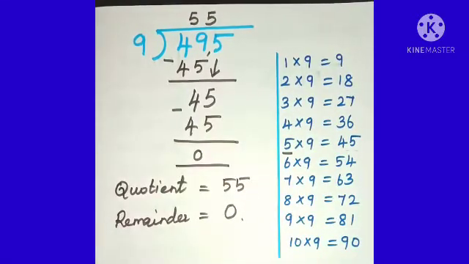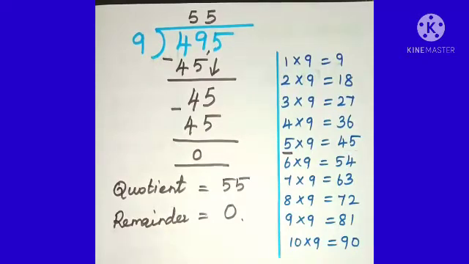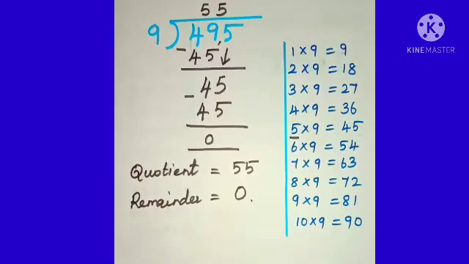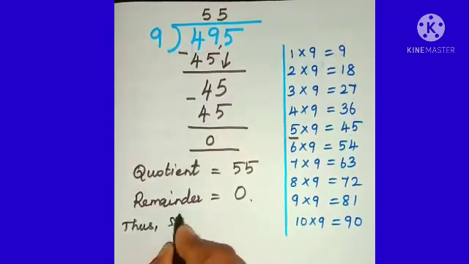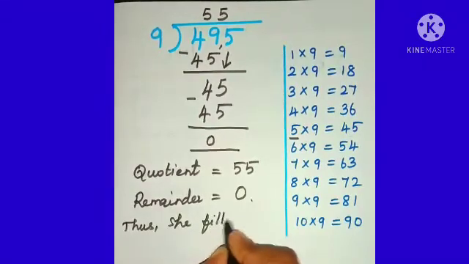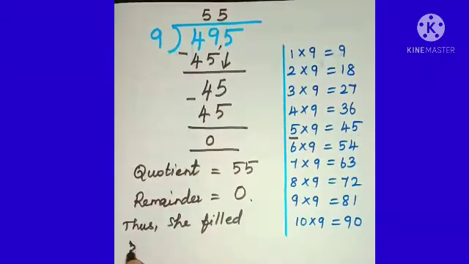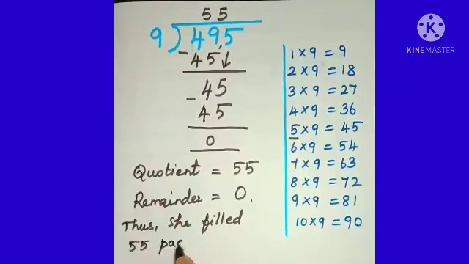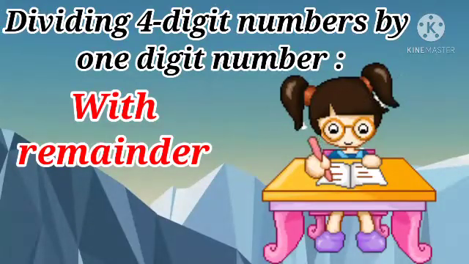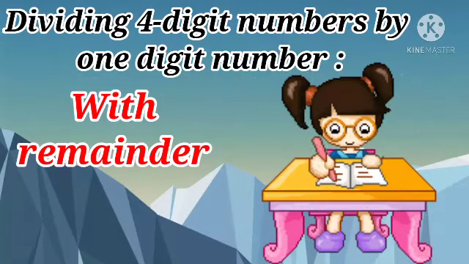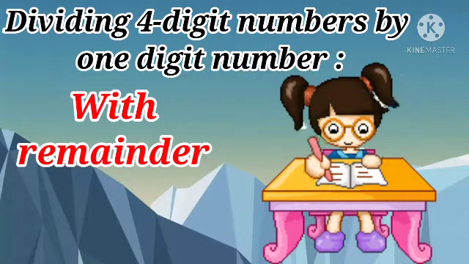Thus, the quotient is equal to 55, which is our required value. Thus, she filled 55 pages.